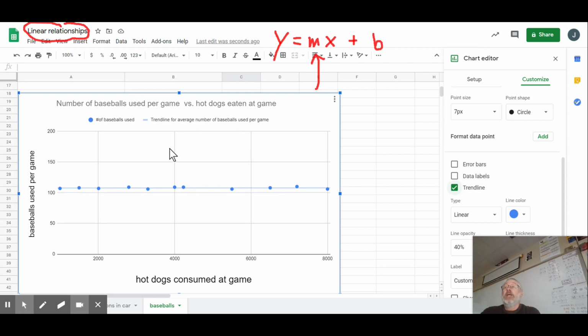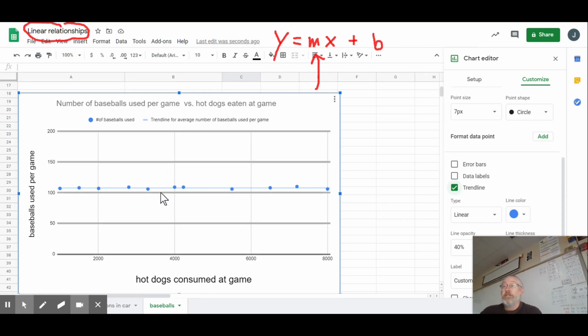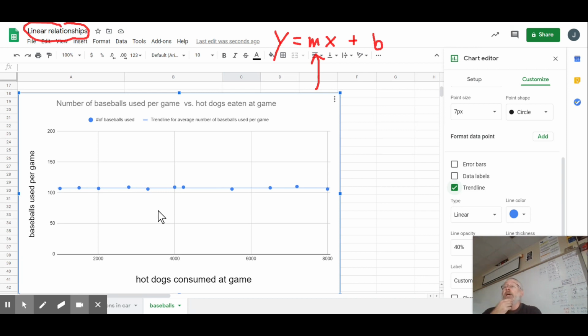So that's a big thing to keep in mind here. What is this now telling me? This is not only good for physics, but also for your ACT work. Here it's saying that as the number of hot dogs consumed increases, the number of baseballs used per game doesn't change.